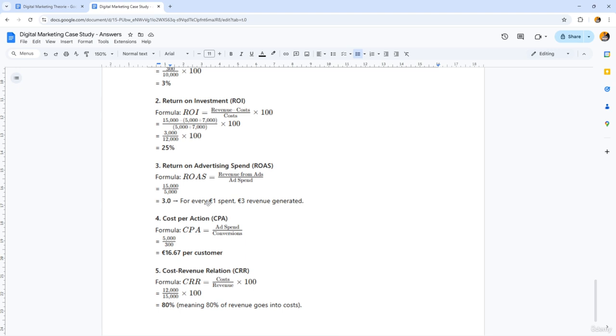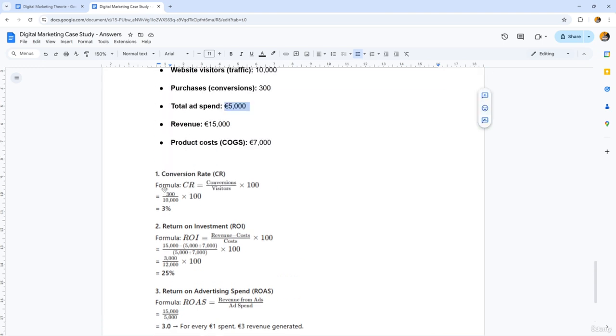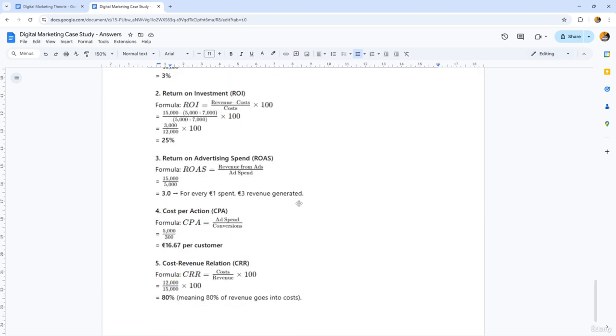Again, this is revenue, not profit. So if you calculate here with profit instead of revenue, it gives you a completely different picture. But that's important: what do you want to know? Do you want to know revenue or profit? Profit also normally includes costs for employees. Again, as we have it here, product costs and so on and so on.